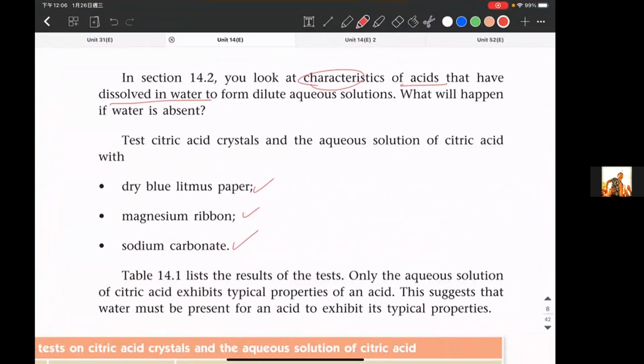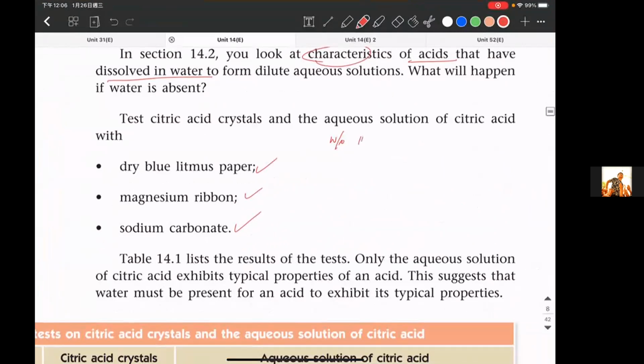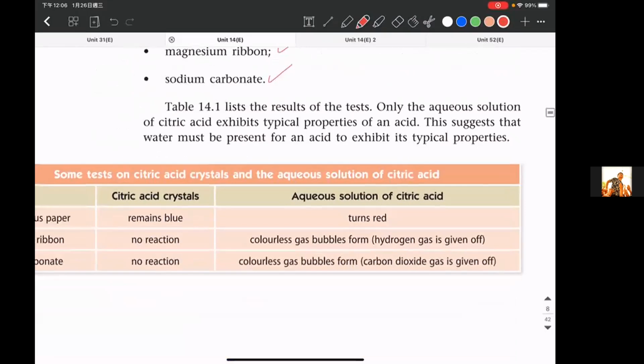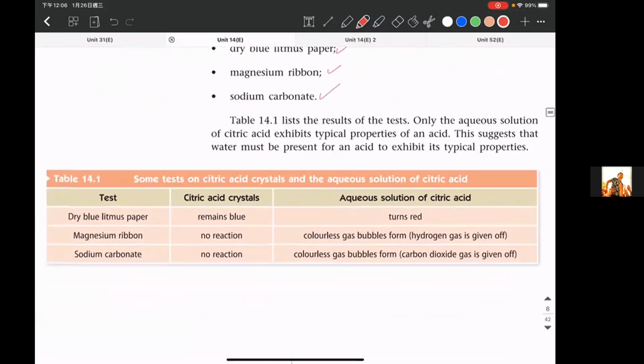Now, what is the difference in the observation without water and with the presence of water? What is the difference between them? So you may see these, okay?